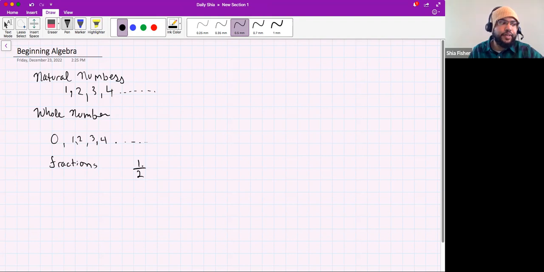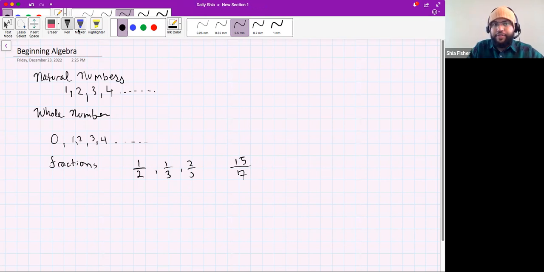We see them when we have pizza with our friends and we want to figure out how much people get if we want to be fair to everyone. So like 1/2 is a fraction, 1/3, 2/3. These are all fractions. Even sometimes you'll see a bigger number on the top and a smaller number on the bottom. Those are fractions.